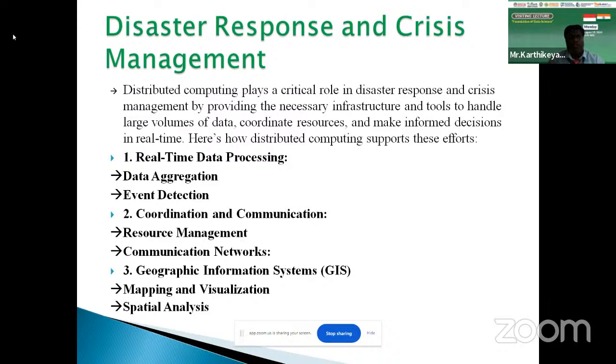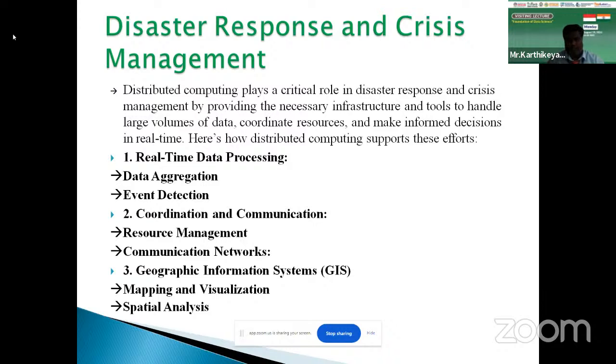Distributed computing supports the creation of robust communication networks that remain operational during crises. This includes setting up temporary networks or using existing infrastructure to ensure that communication channels are reliable and accessible.